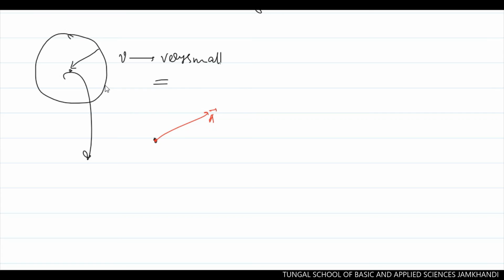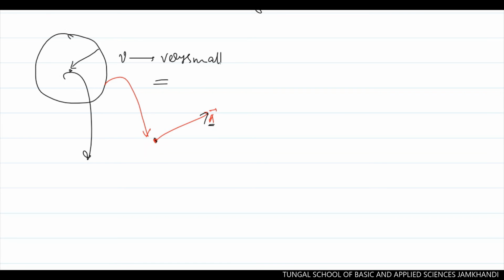Now I will shrink this total volume into a very small volume, about one single point. Then that physical quantity coming out of that point is defined as a divergence. It means through this particular single point, that A vector is coming outward, right?